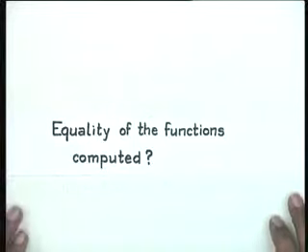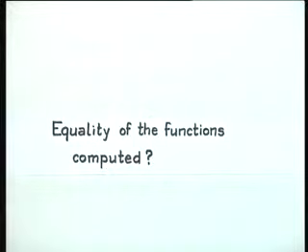If they implement the same function. So this is what you might call the correctness problem. The correctness problem is that, given a function, is it possible to show that a particular program actually implements that function?